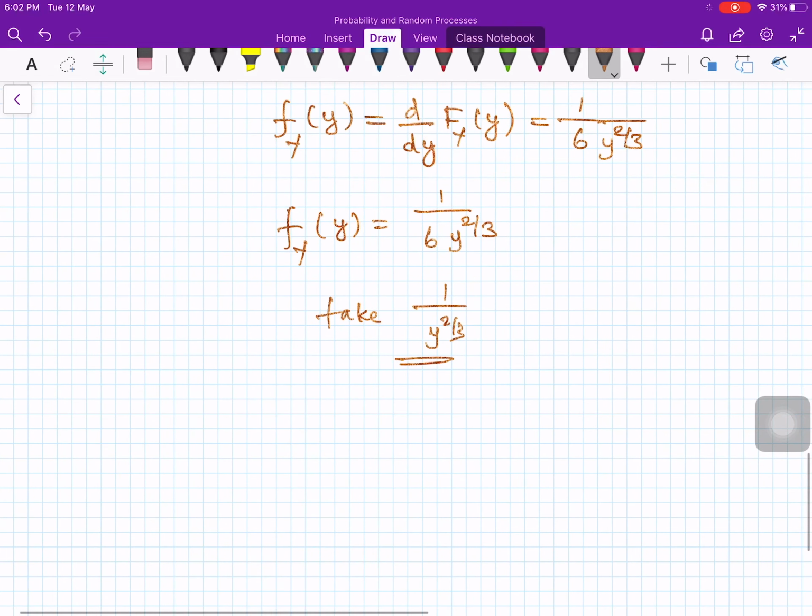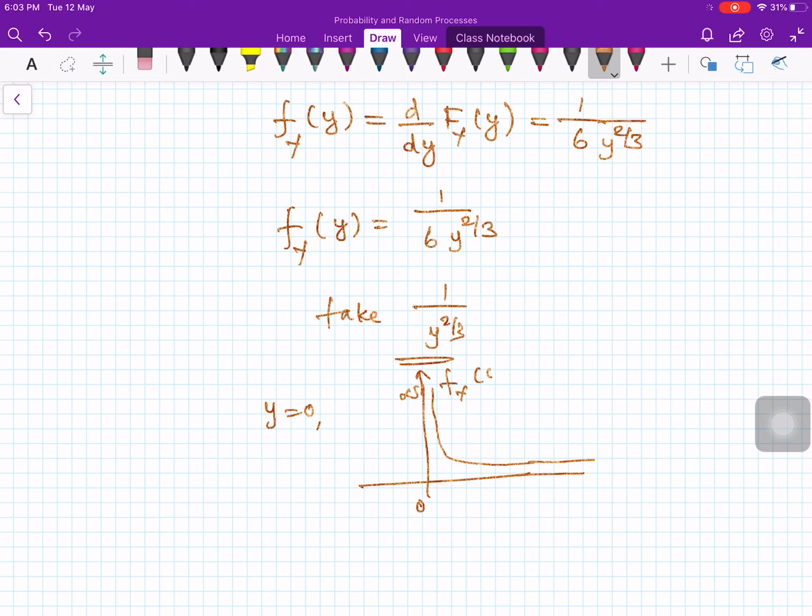Now when y equals 0, it blows up and goes to infinity. Therefore the function blows up like this, and it keeps on going. When y equals 0, it goes to infinity, kind of blowing up.